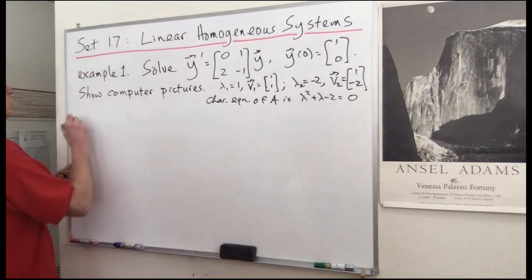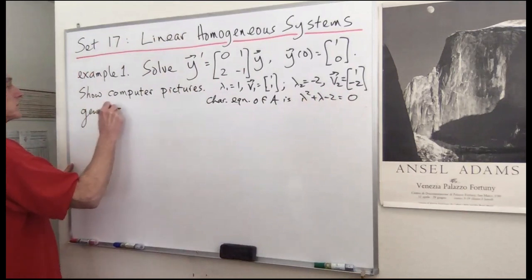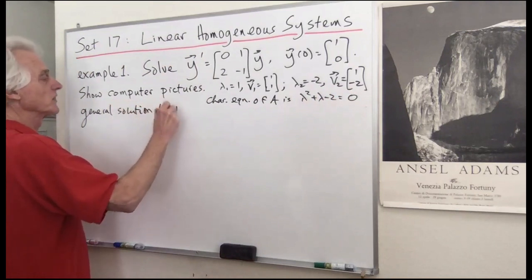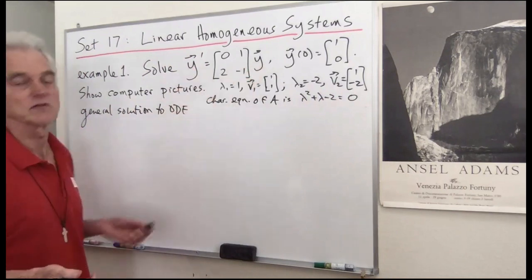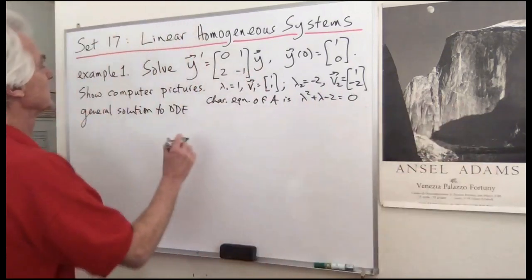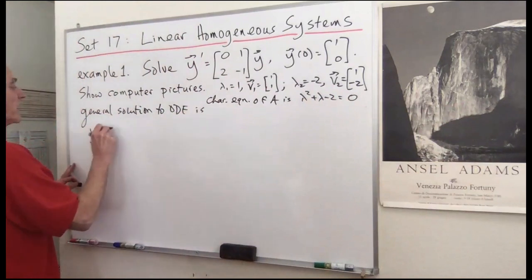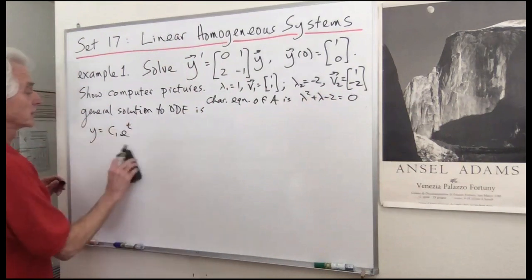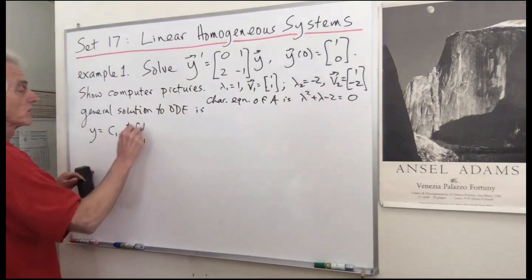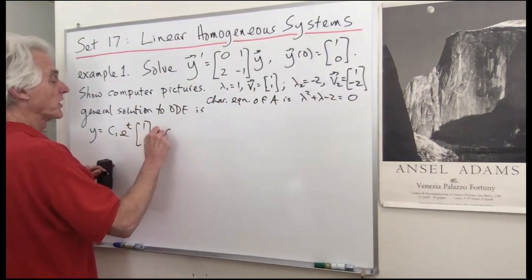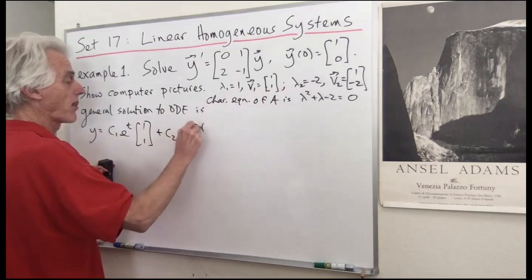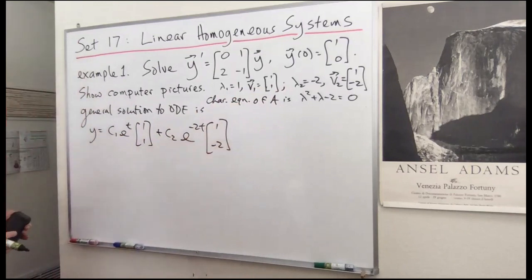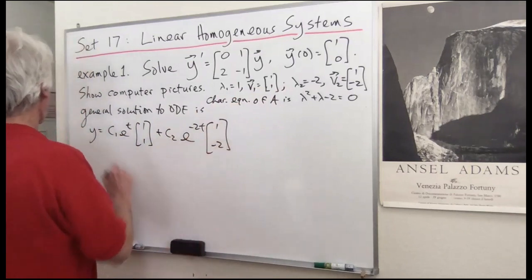All right, so the general solution to the ODE, or the vector ODE, or the system of two ODEs, is y equals c1 e to the 1 times t, which I'll just call e to the t, times v1, plus c2 e to the lambda 2 t times v2. Okay, cool. And that's a vector.